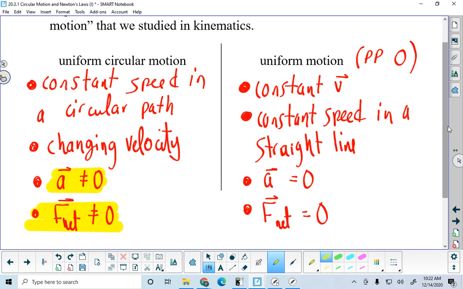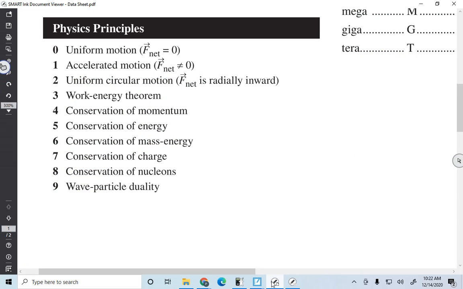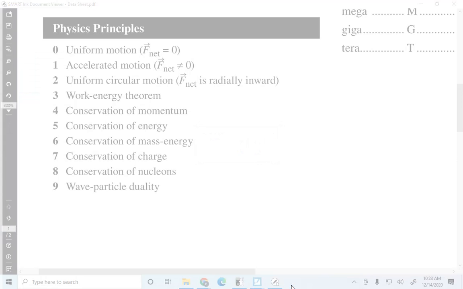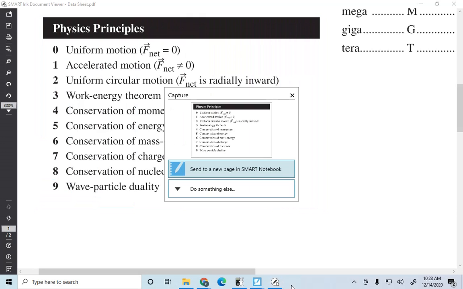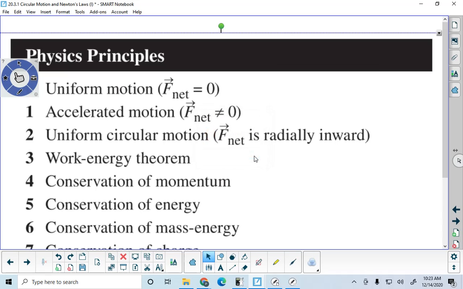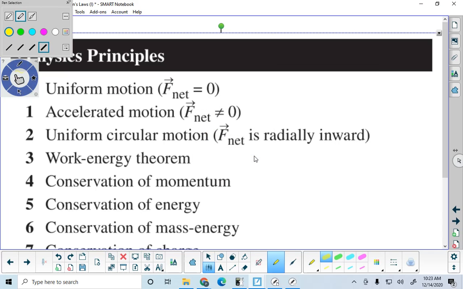Now, if you look on your formula sheet at physics principle number 2, it says uniform circular motion. And what I would like everybody to add to that for physics principle number 2 is the following. I would like you to add, for this one, that it is accelerated motion.